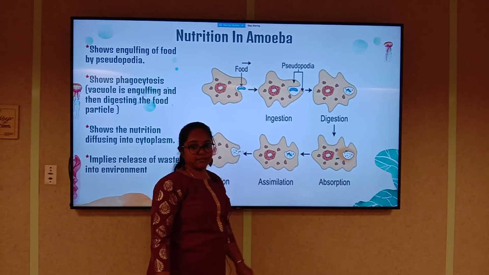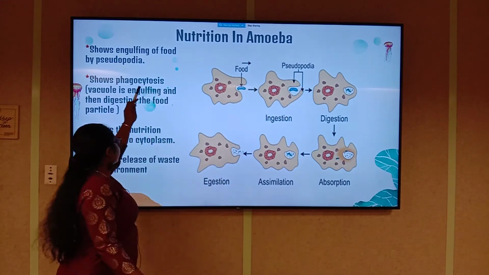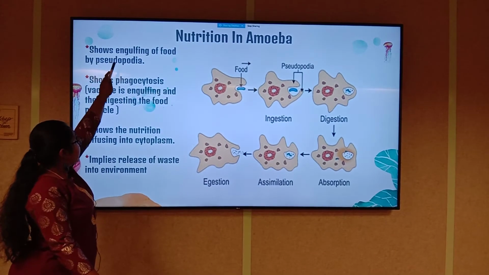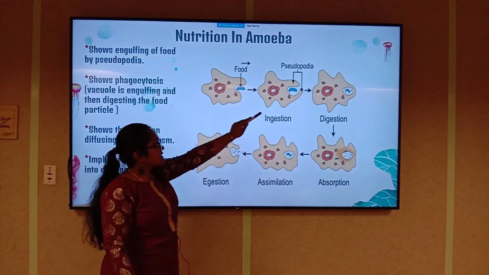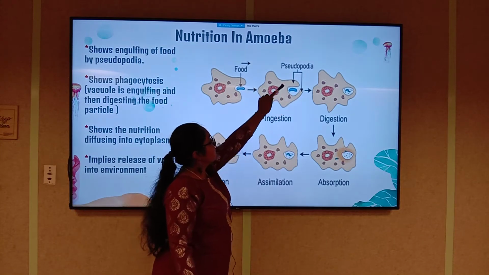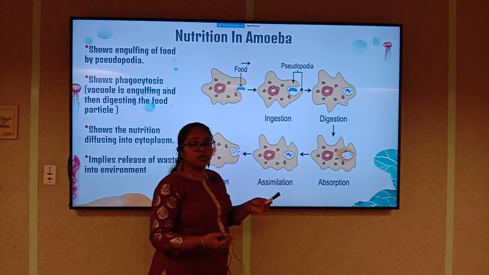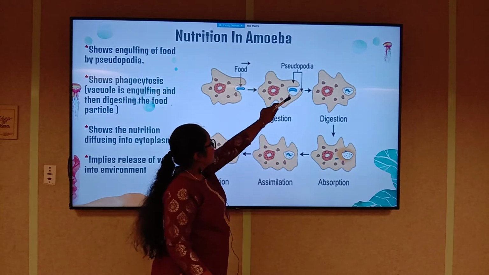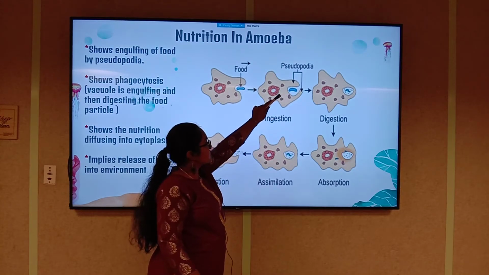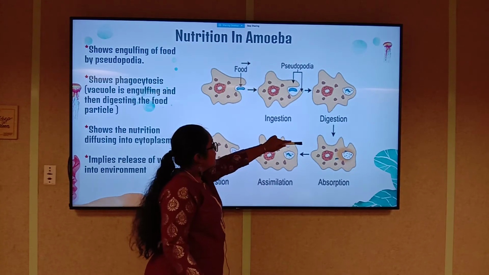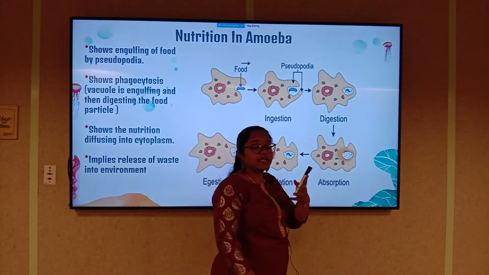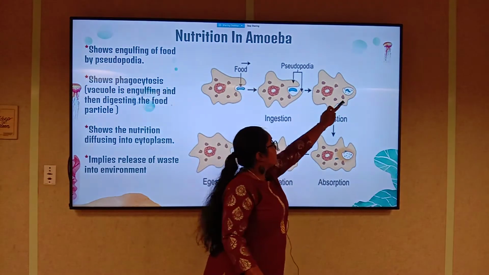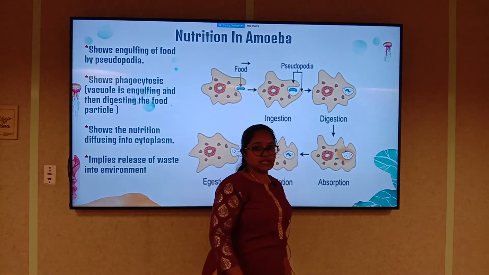The second step, the pseudopods which we are seeing here are elongating to grab or bring that food particle closer to the cell membrane. That is what I have mentioned here, shows engulfing of food by pseudopodia. That is step 2, we can see the two pseudopodia elongating together to bring in the food particle closer to the cell membrane so that the food vacuole will enlarge in size and grab this food particle inside it.